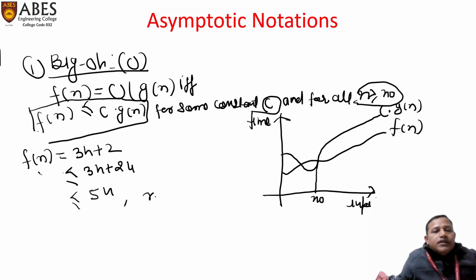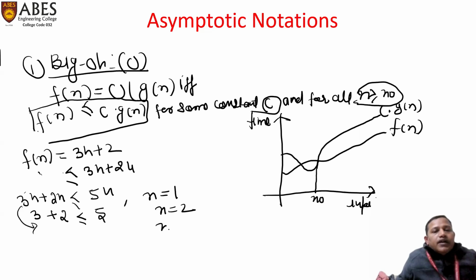If we put n equals 1, this relation is satisfied: 3 plus 2 is less than or equal to 5. If we put n equals 2 in this equation, this is also satisfied.